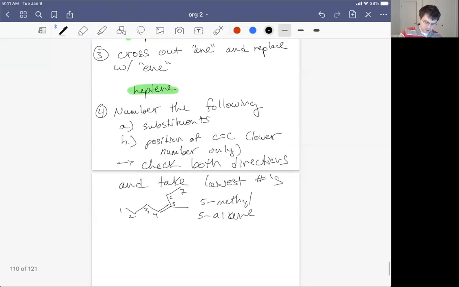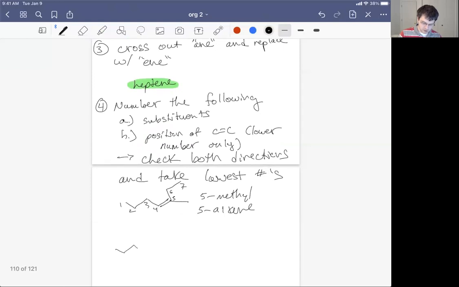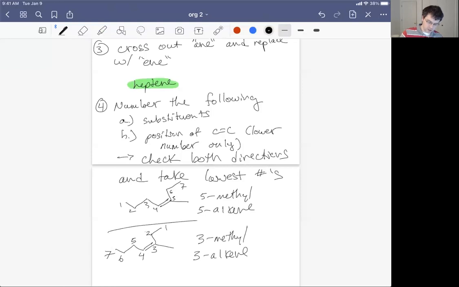But if we number in the opposite direction, that is, instead of starting with 1, I end with 1, going from right to left instead of left to right, here I would have a 3-methyl and a 3-alkene, because the alkene starts at carbon number 3, even though it extends across carbons 3 and 4. So this is the way to go here.